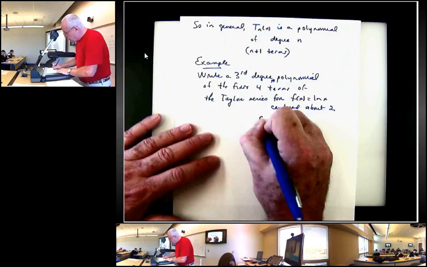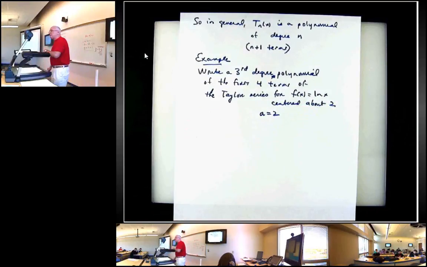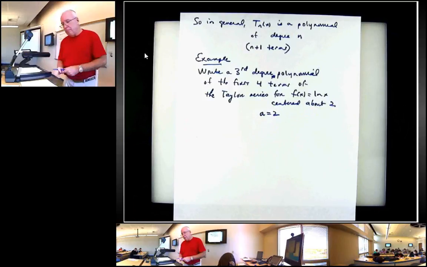So a here is going to equal 2, all right? So this is not a Maclaurin series. It's going to be centered about a non-zero number.